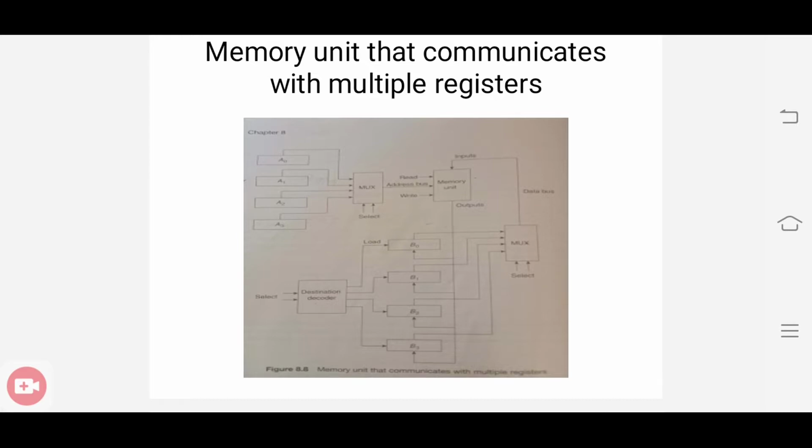It can be used to select a source register. And what is the use of this destination decoder? It can be used to select one of the destinations. Clear? So by using this system we can apply read operations as well as write operations.